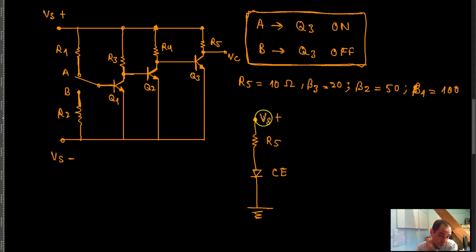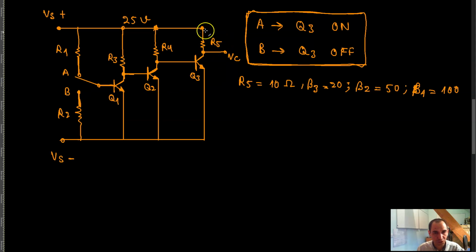So if the voltage over here is supposed to be 0, the voltage over R5 has to be V of S itself, which means that I want the voltage drop across R5 to be equal to V of S. And V of S in this circuit is 25 volts. That voltage has also been given to us. So I can simply apply Ohm's law to this resistor.